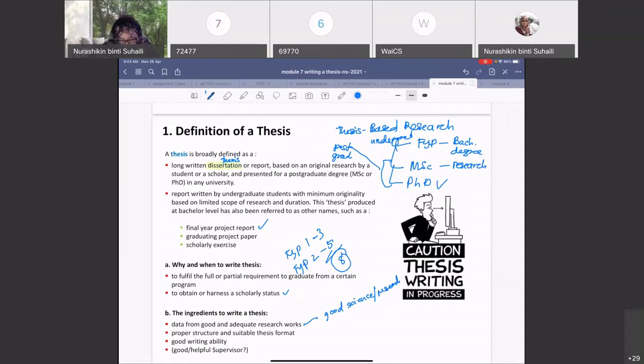Proper structure and suitable thesis format, okay? Thesis has its format, as what I introduced just now. Good writing ability, okay? So this is what I emphasize, the foundation of writing. Although you are a scientist, you cannot ignore the importance of English because you communicate the things in English.